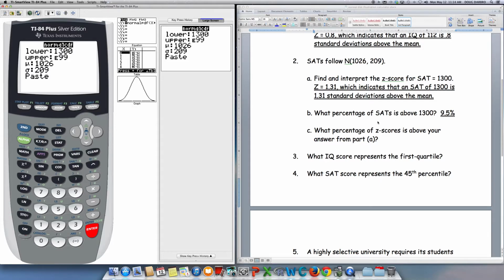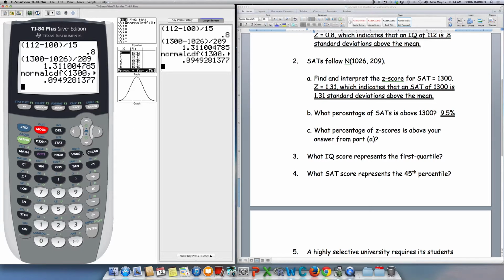For example, this SAT of 1300 that we used right here to make this calculation has a z-score of 1.31. Now I'm going to get a little fancy here and show you a trick, okay? So let's go 1300 minus 1026 divided by 209.